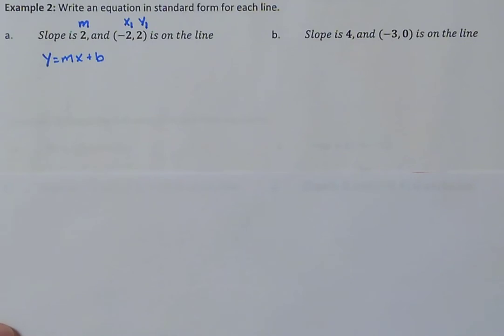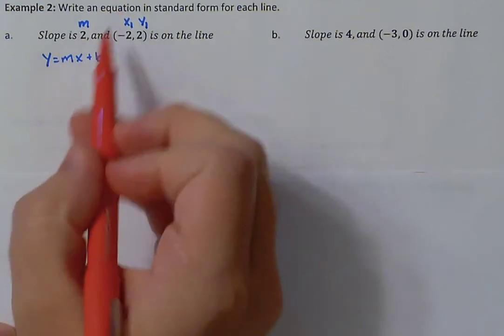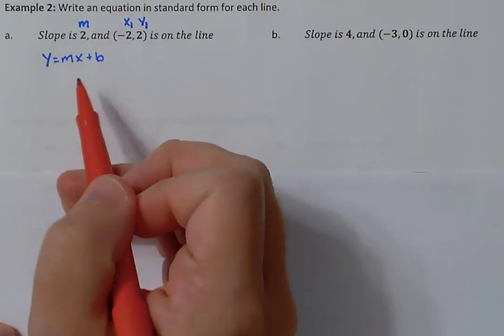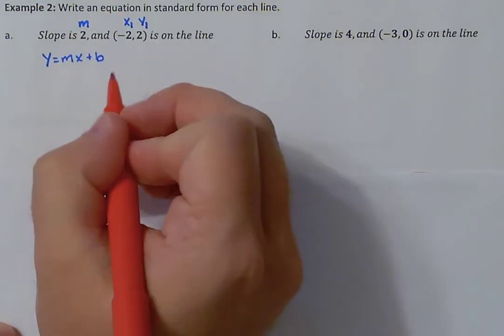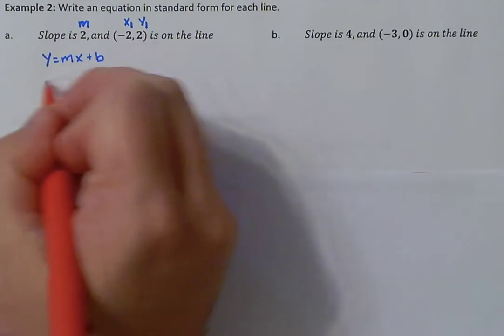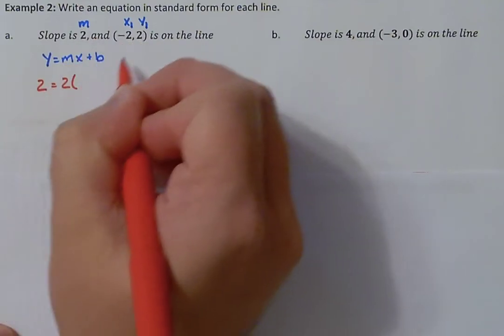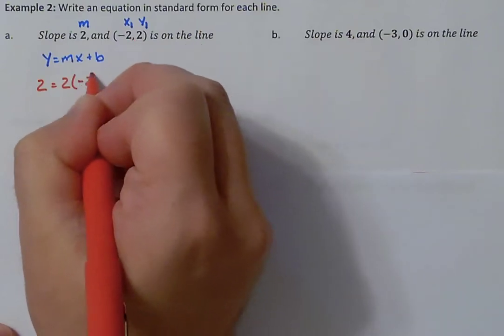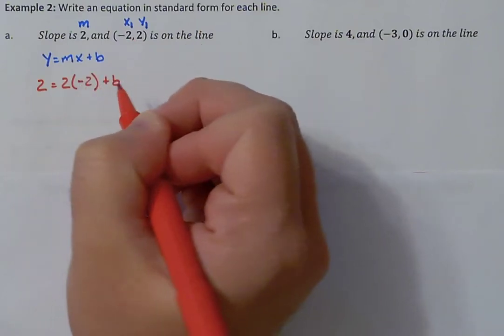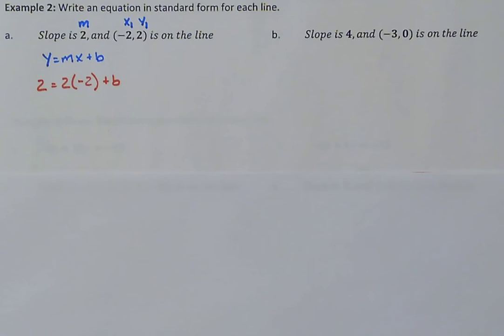So if I know my m, and I know my x and y, we're going to plug those in and figure out what our b value is. So my y is 1, my m is 2, and my x is -2. So I have 1 equals 2 times -2 plus b.